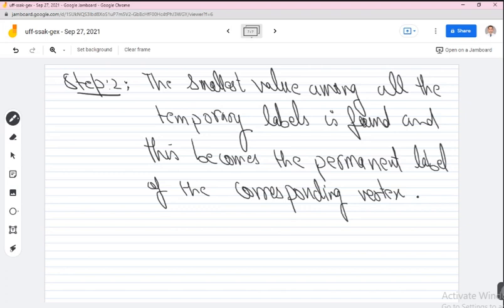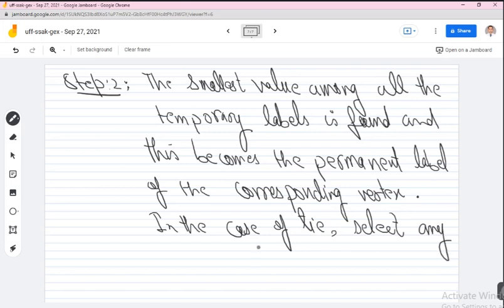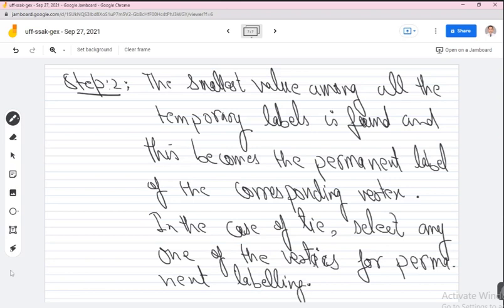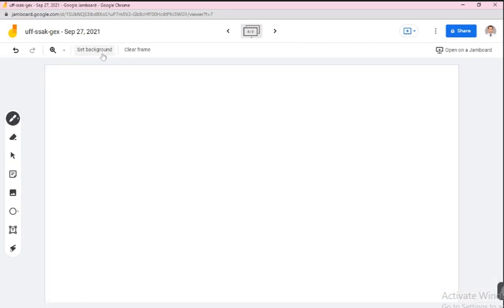In the case of a tie, select any one of the vertices for permanent labeling.